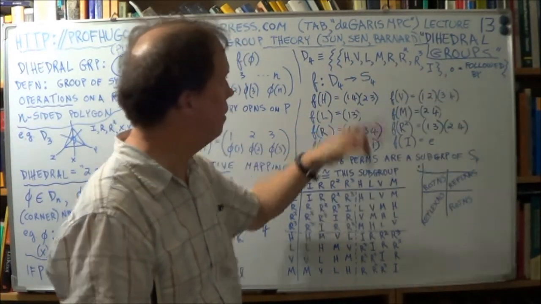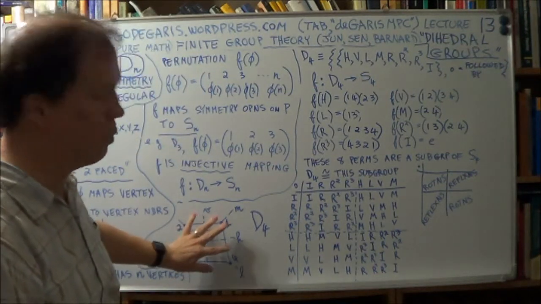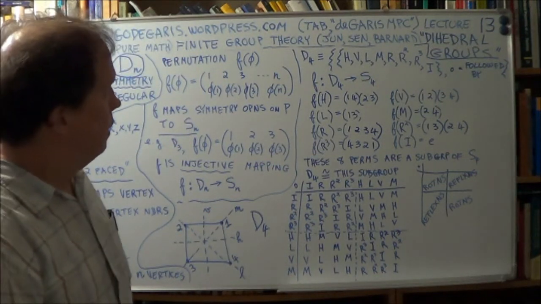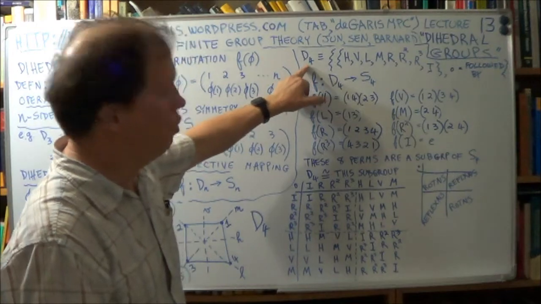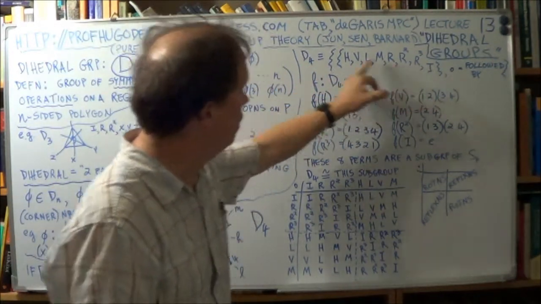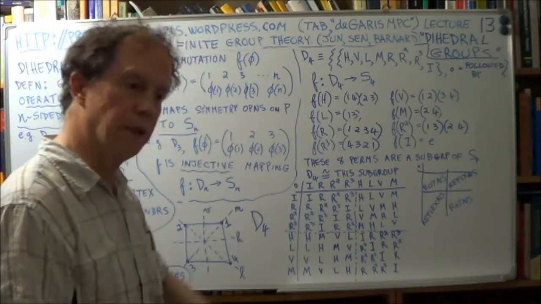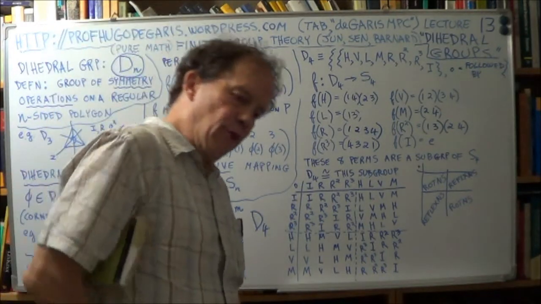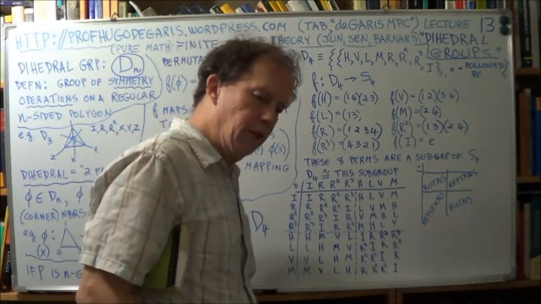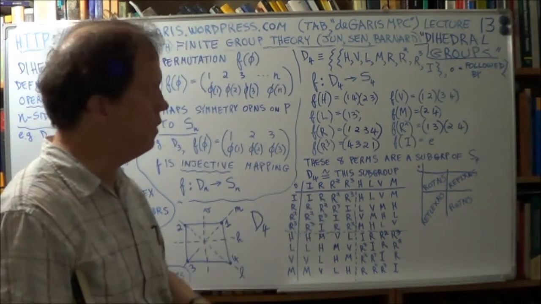That's the total, 8 of them for the square. And so that's your group. These are your symmetry operations on a four-gon, a four-sided regular polygon. So the 4 sides have equal length.